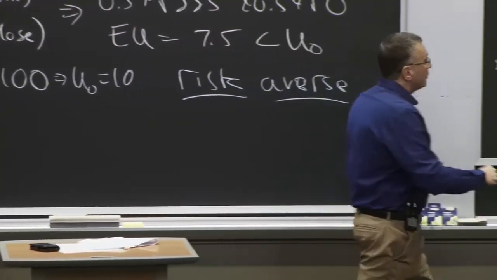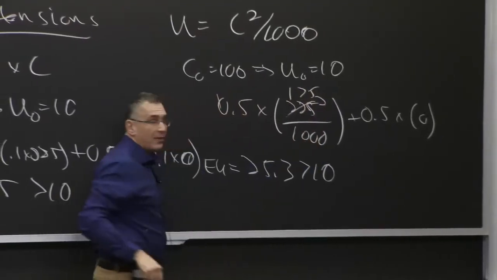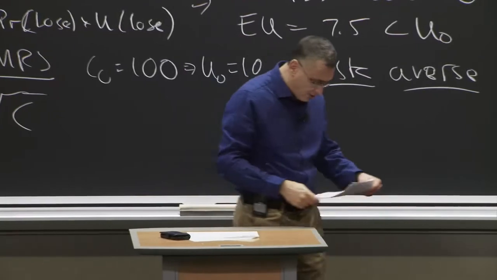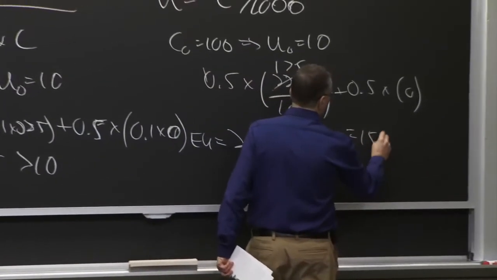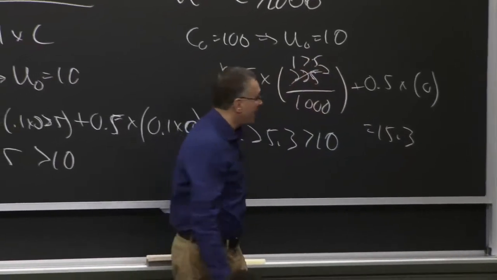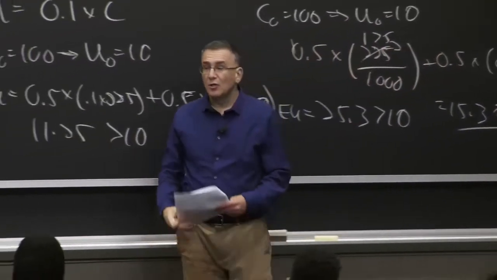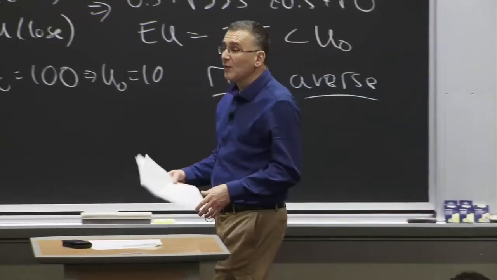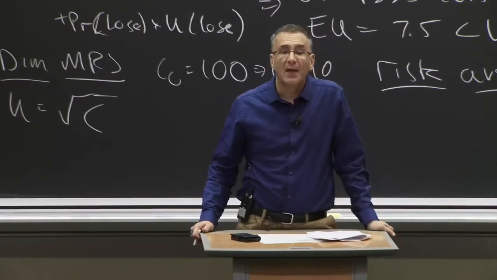You just replace this with 175, and you do the math. You're going to find that the expected utility in that case is 15.3, which is greater than 10. So even an unfair bet, lose 100, win 75, will still leave these risk-loving people better off than if they hadn't taken a bet.